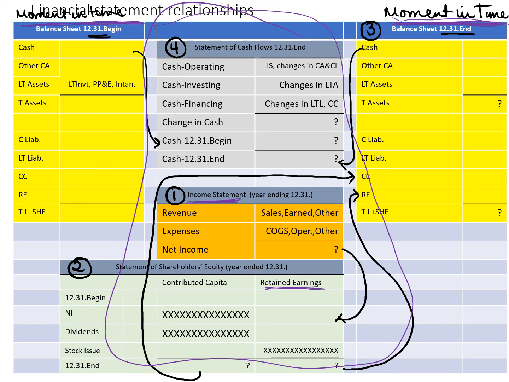And what we're going to see later in this series of lectures is we're going to learn more about the statement of cash flows. So IS then BS: moment in time, how are you, versus what happened during the period.